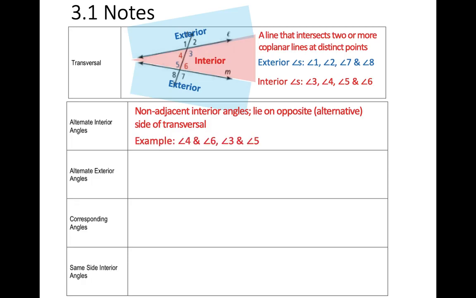No, but I do have the example up above. Using the example we have up above, you can see that angles 4 and 6 are alternate interior, and angles 3 and 5 are alternate interior because all those are on the interior, and 4 and 6 are on opposite sides of the transversal, and 3 and 5 are on alternate sides of the transversal.